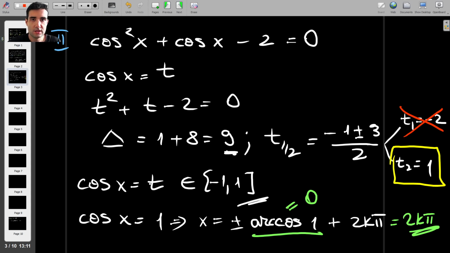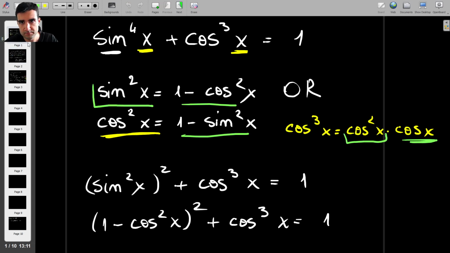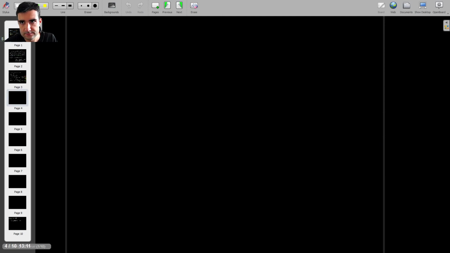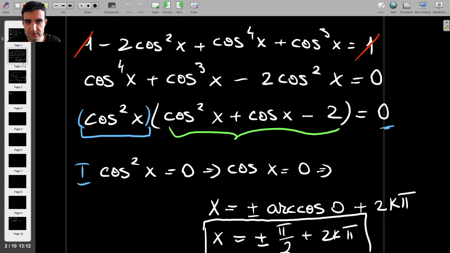Now we have to put everything together, because we have two sets of solutions that both satisfy this original equation. So let's write it like this. x is part of this set, which is a union of two different sets.